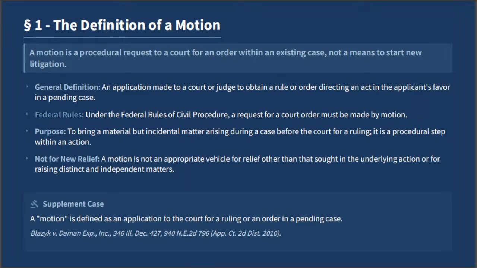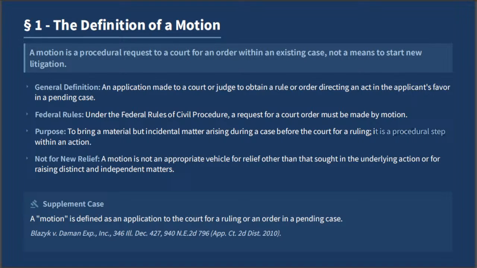The federal rules here, under the Federal Rules of Civil Procedure, state that a request for a court order must be made by motion. And the purpose is to bring a material but incidental matter arising during a case before the court, before a ruling.